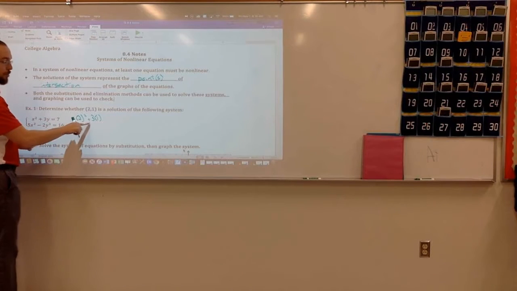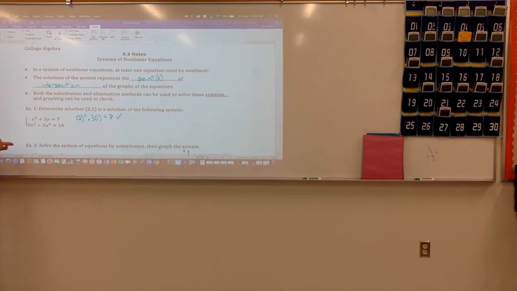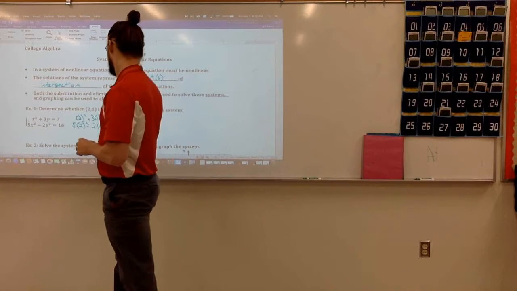Okay, so 4 plus 3 does equal 7. So we're good. Plug it into the second one. 5 times 2 squared minus 2 times 1 squared. So that'll be, let's see, 4 times 5 is 20 minus 2 times 1.